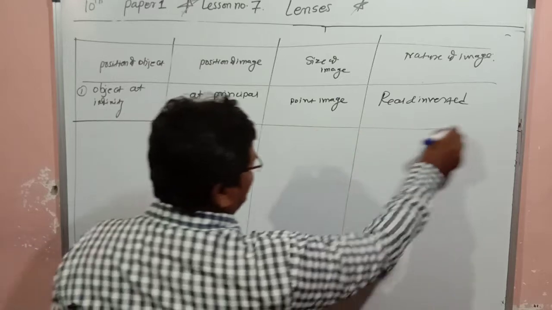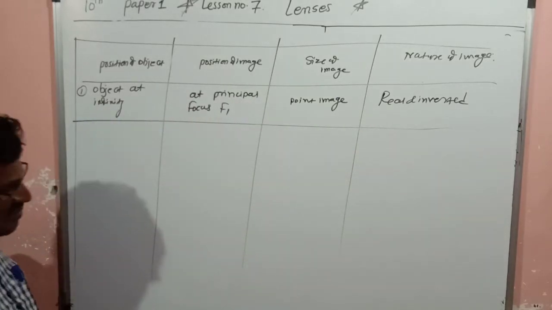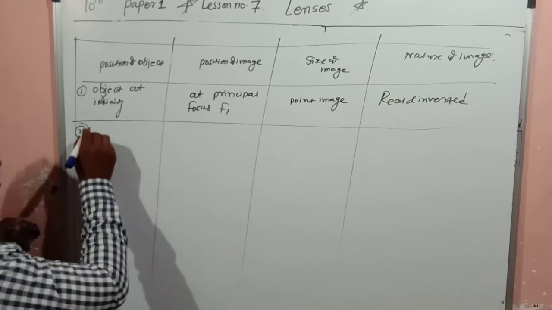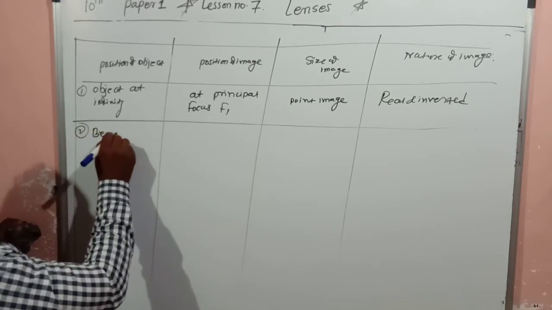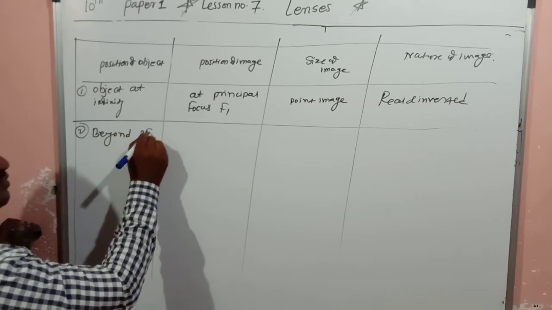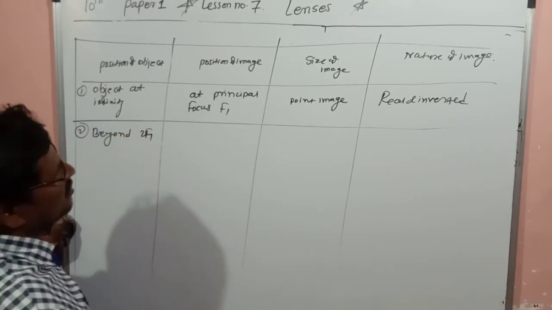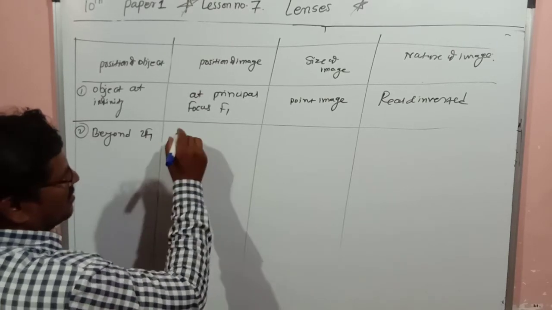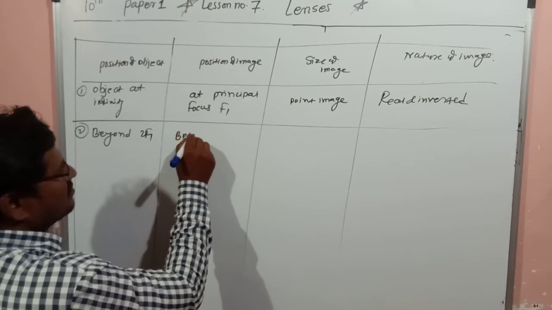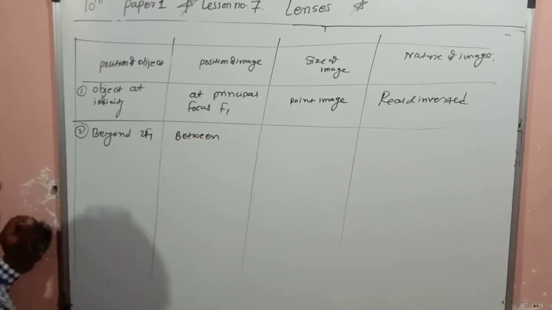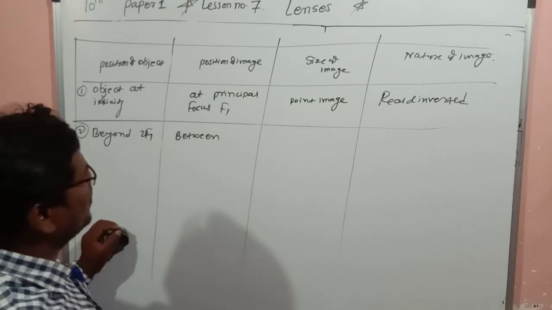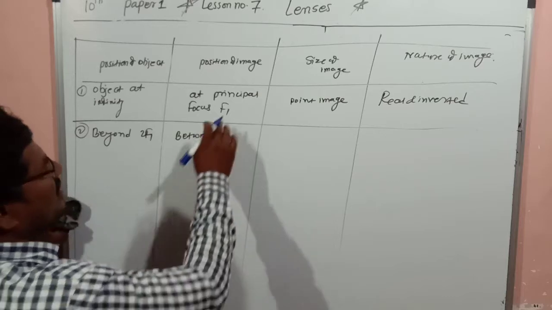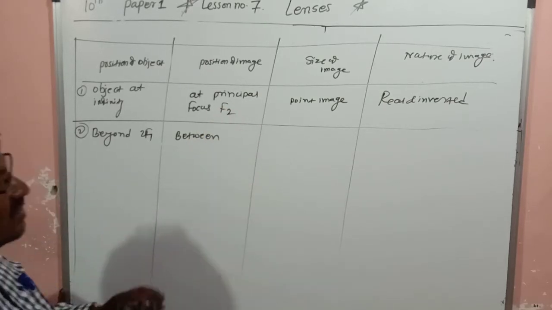So the second position we will take. The next one is object beyond 2F1. So the position of the image will be between F2 and 2F2.